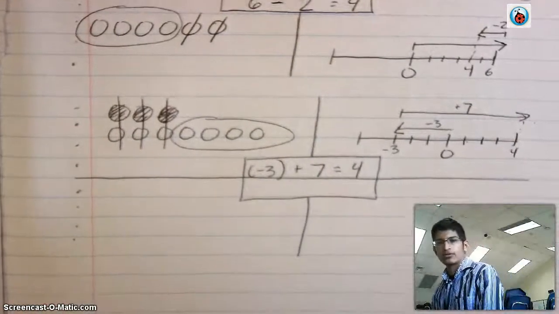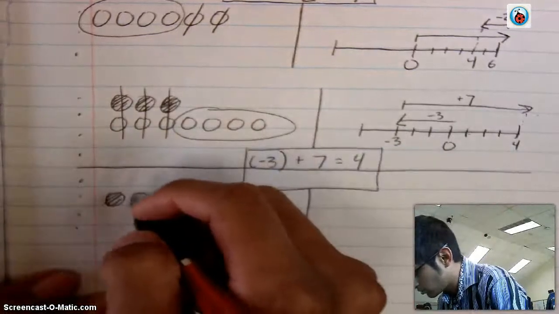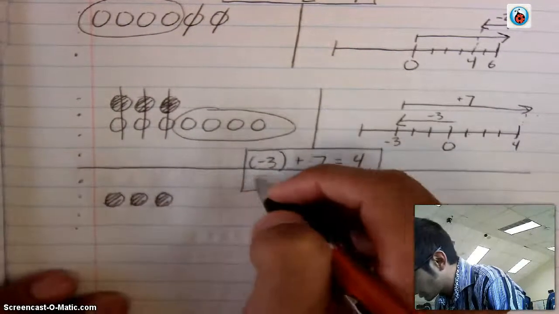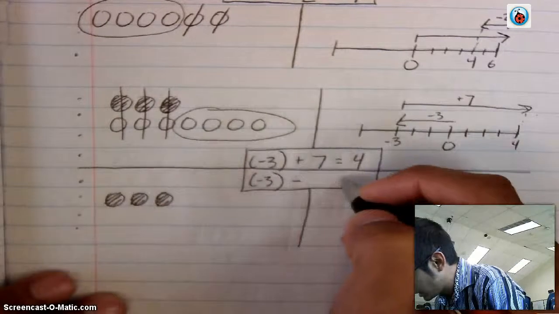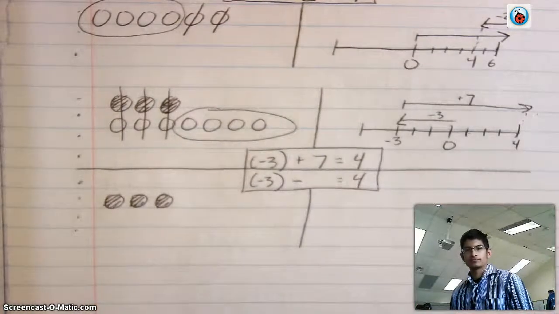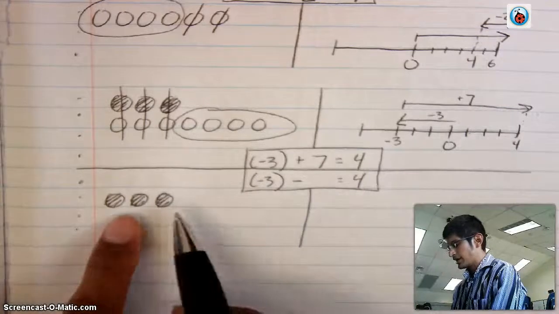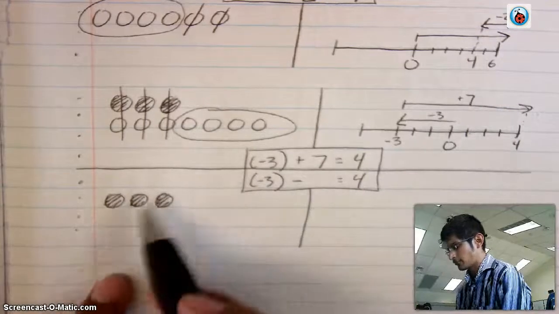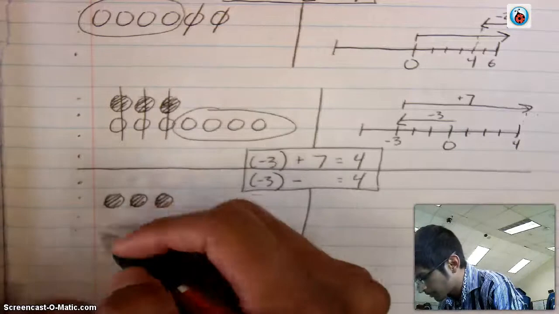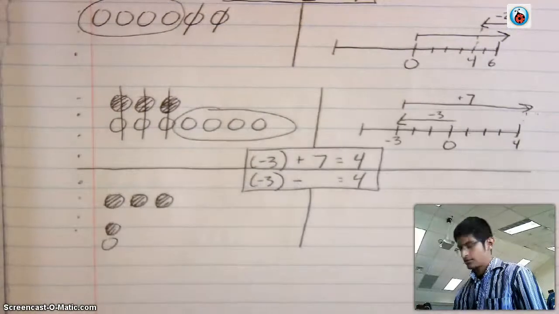Let's look at this like we're going to subtract it now. Start off with negative 3: 1, 2, 3. Now how many do I need to take away in order to get an answer of positive 4? What number should go in this blank? I want to get an answer of positive 4, and all I have is 3 negatives. So I want to make some 0 pairs. How many positives do I have so far? 1.